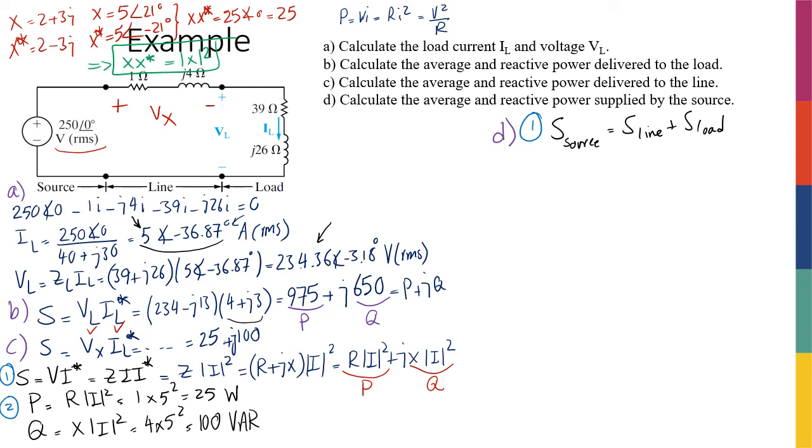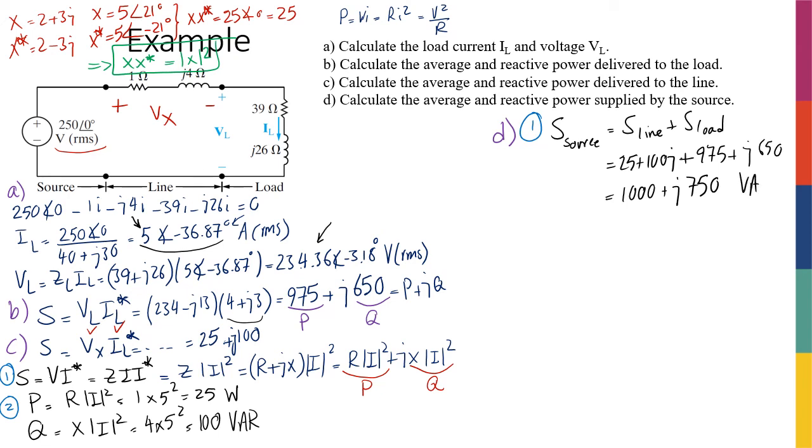Okay, so for the line I have 25 plus j100, plus from the load I have 975 plus j650. So it's going to be equal to 1000 plus j750, and the unit is volt-amp because it's S.